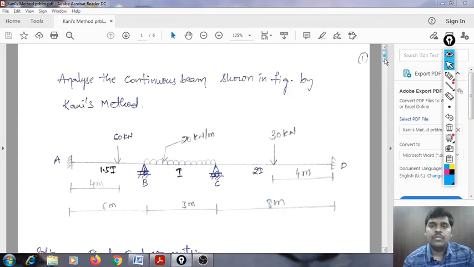We have a load of 60 kilonewton acting at 4 meters from A, a UDL of 20 kilonewton per meter, and also a 30 kilonewton center point load in the span CD.